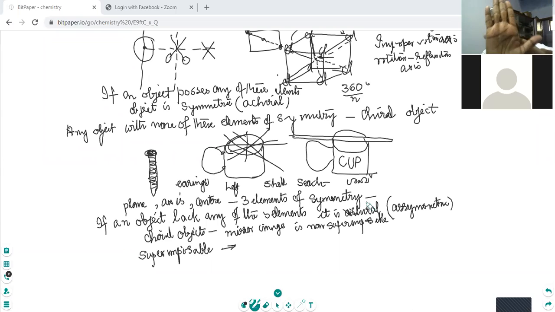Clear? These are the four different sides of this object. Now, my left hand is the mirror image of the right hand. Do you agree to that? Do you understand that concept? The right hand is a mirror image of the left hand.